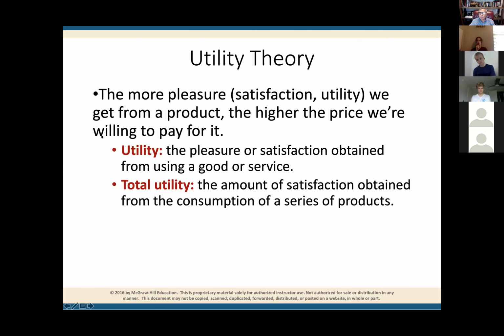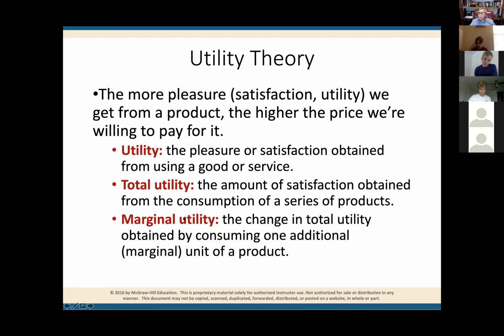So then, when we consume something, we get utility. And what we know about utility is that the additional pleasure that we get out of the consumption of something begins to decrease as we consume more. My total utility is the total pleasure that I'm getting out of the consumption. But the marginal is the additional utility.